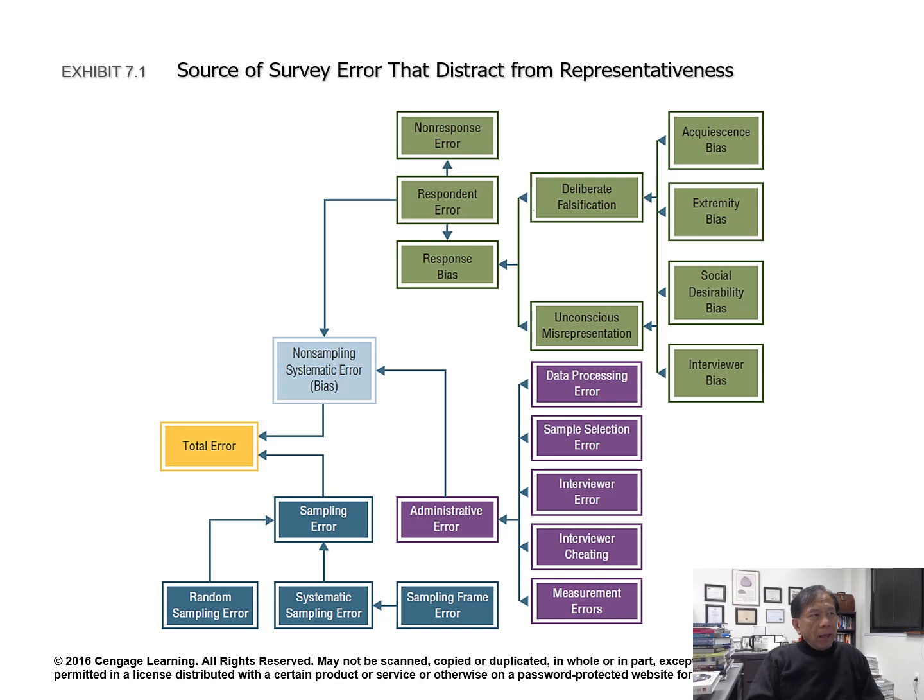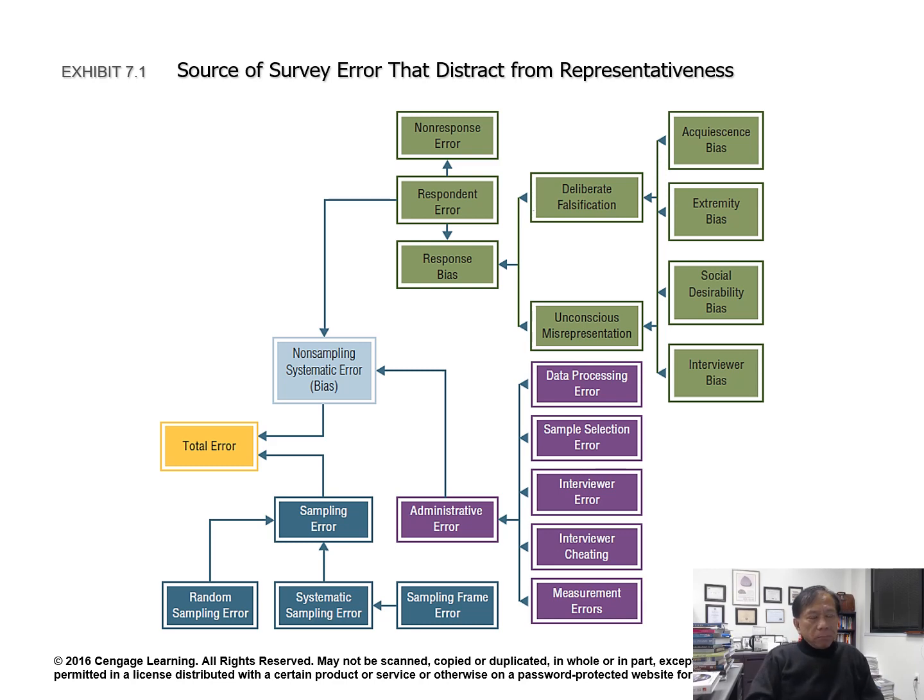And then there could also be response bias. Response bias means someone may have a severe, biased opinion about the issues that you have in mind or in your questionnaire, and it's just something you cannot avoid, right?